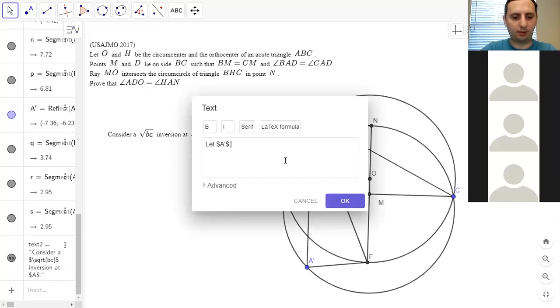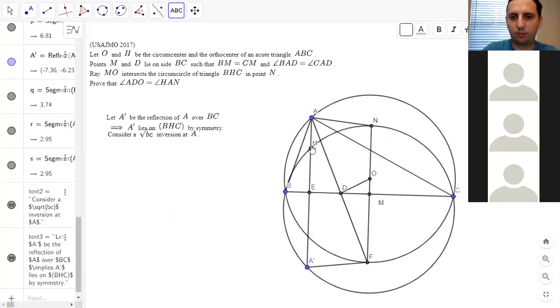Let A prime be the reflection of A over BC. Then A prime lies on the circle BHC by symmetry, and that's because the reflection of H over BC lies on the circumcircle.